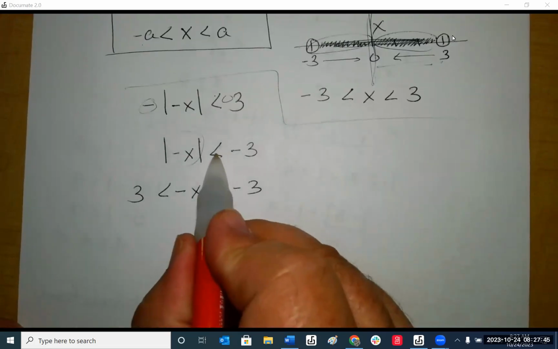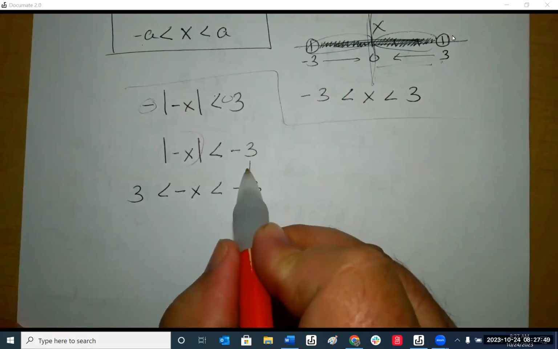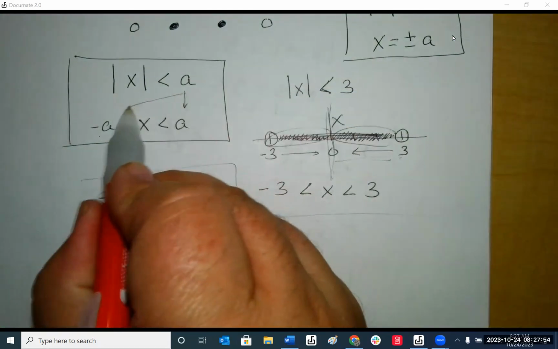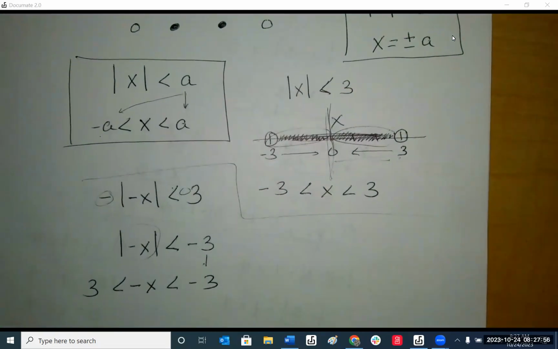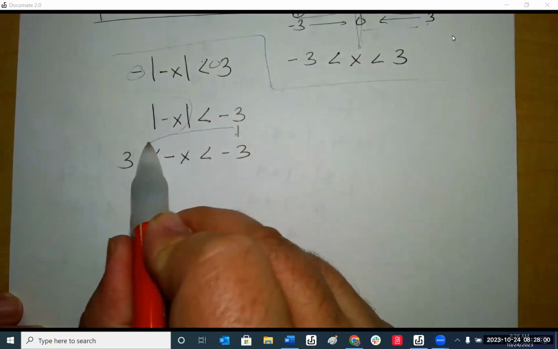Since it's less than, whatever's here goes here first. And the opposite sign goes on the other side. So this one goes here. The opposite sign goes over there.